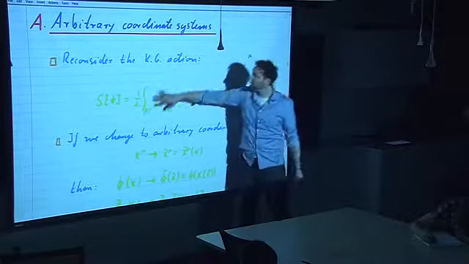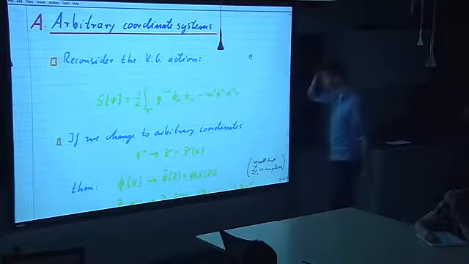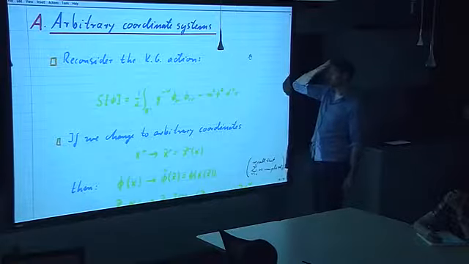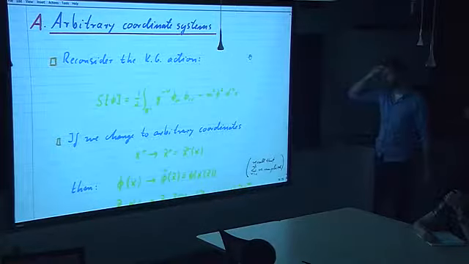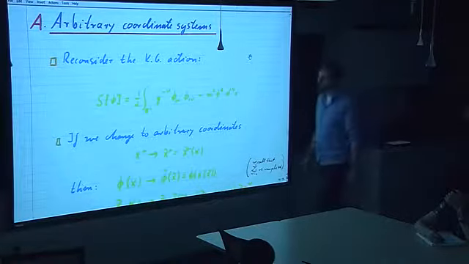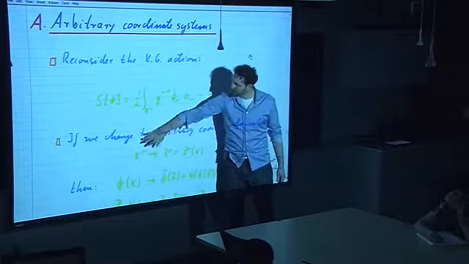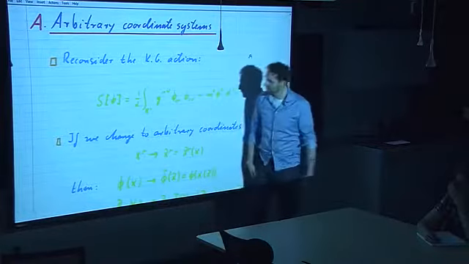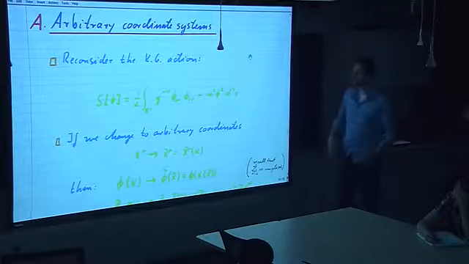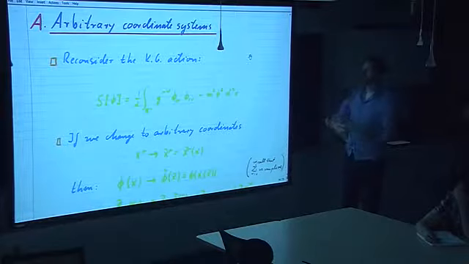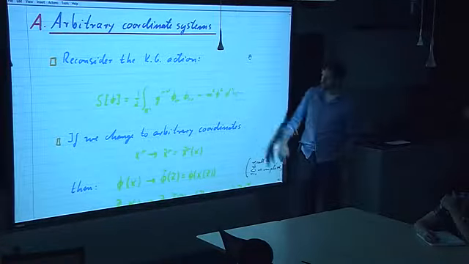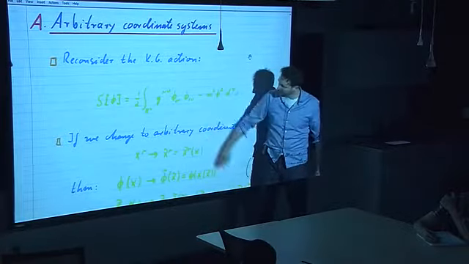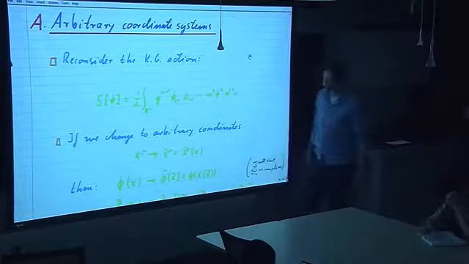Remember, the Klein-Gordon action takes this form here. If we change to arbitrary coordinate systems, then what happens? Let's say from x mu, which were our rectangular coordinate system in Minkowski space, set up by an inertial observer, then we know this is the right action. And then we change the coordinate system to coordinates x tilde, the x tilde being a function of the x.